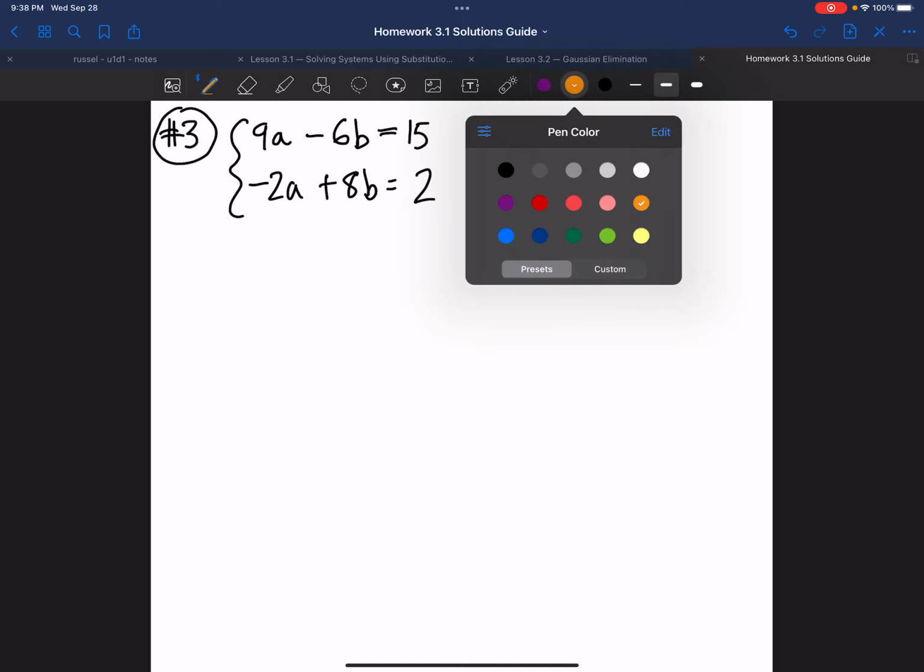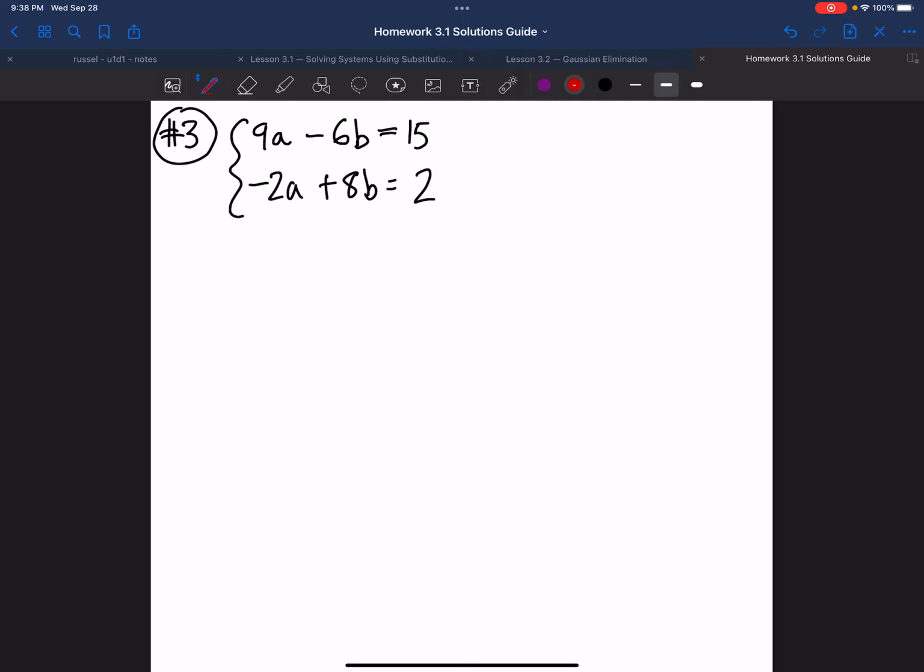And you can think about this by looking at your coefficients on A and B. Look at this coefficient of 9 on A. That means to solve for A, I will eventually have to divide by 9. Is 15 over 9 very pretty? It is okay, but it's not quite the prettiest, right?